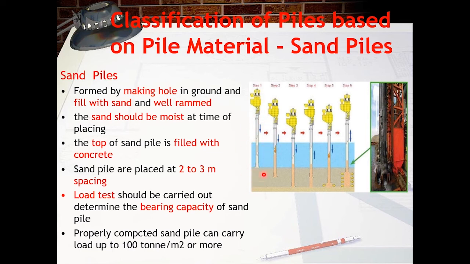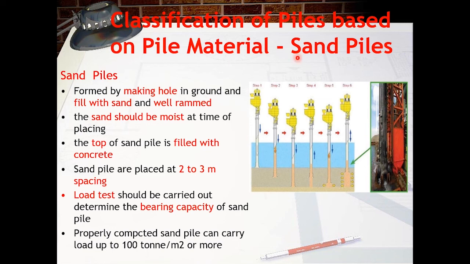Biasanya casing ni adalah tube, jenis tube ataupun pipe. The sand is fed through upper hopper after the pipe has reached the required depth. After pipe ataupun tube ni dah sampai ke kedalaman yang kita nak, kita akan feed sand ke dalam tanah tu.